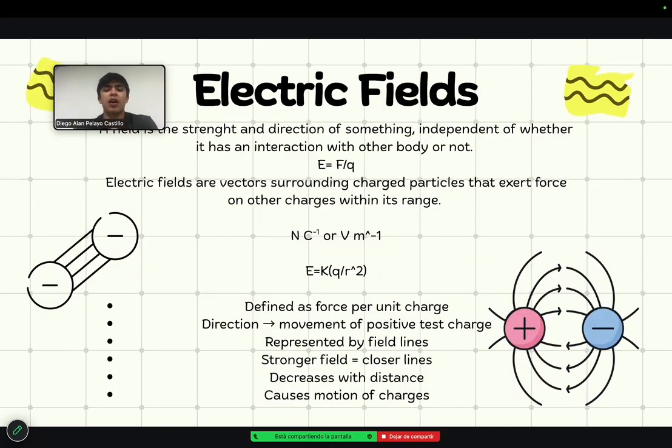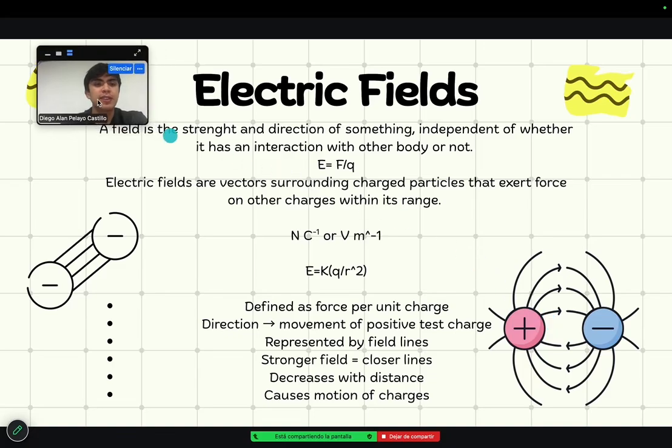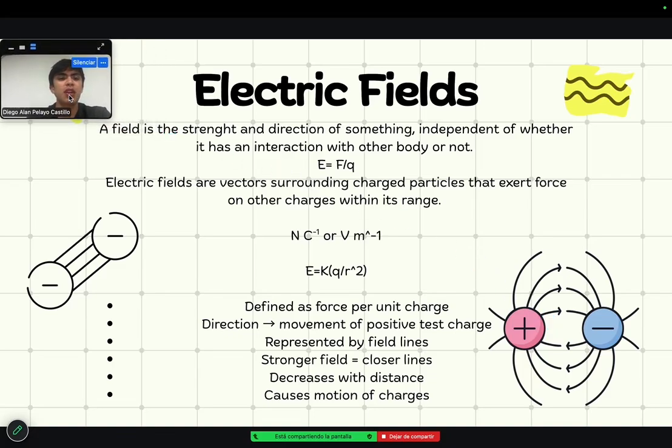For the next topic, I would like to present electric fields. Let me just move here. A field is the strength and direction of something, independent of whether it has an interaction with other bodies or not. Normally, when there's an interaction between charges, this is known as an electric force, which is basically a push or a pull.